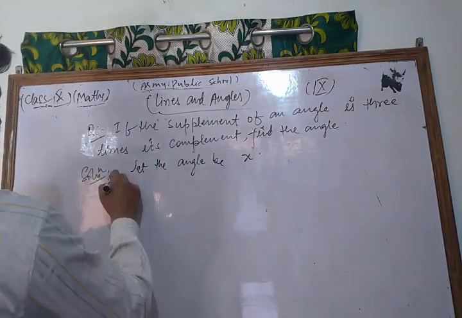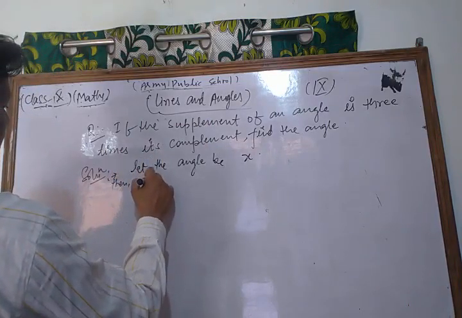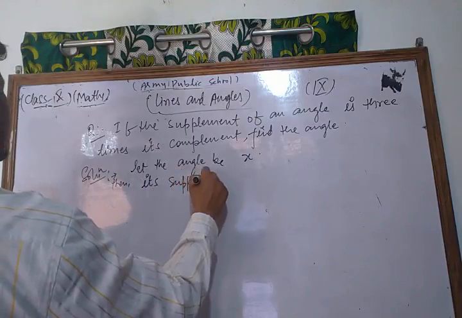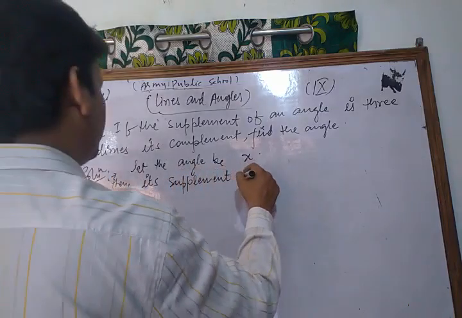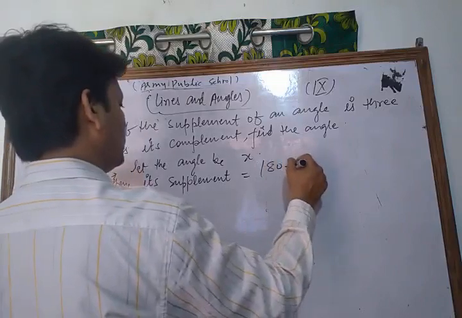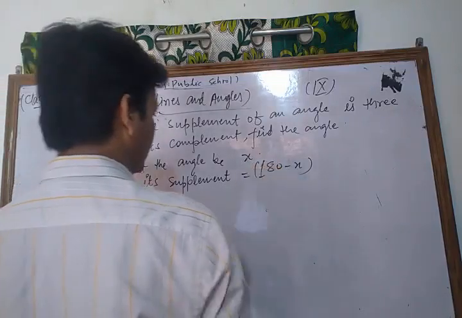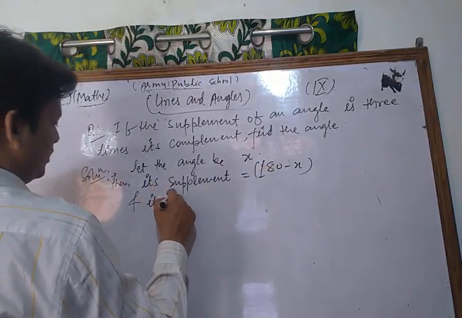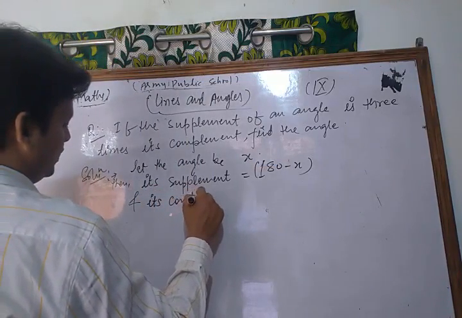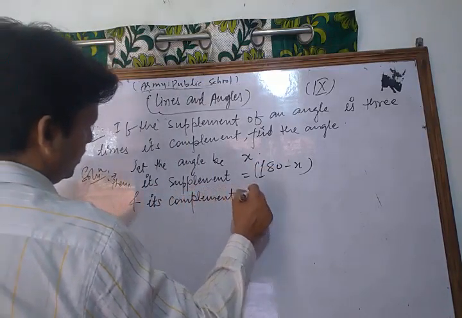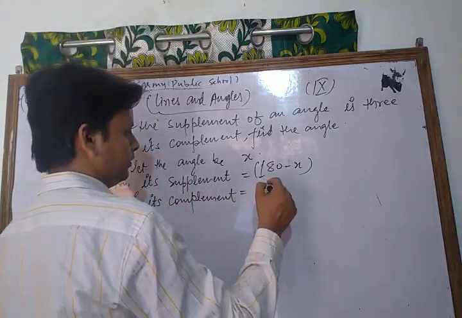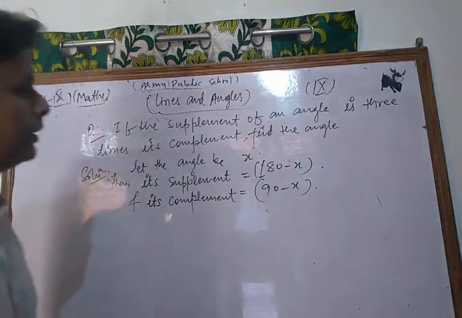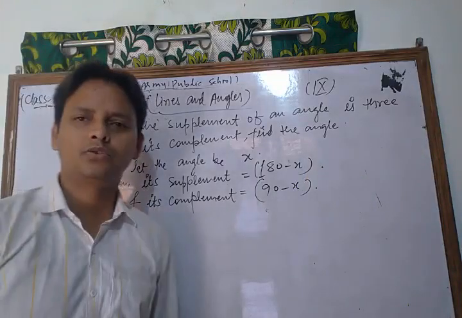Then its supplement is 180 minus x, and its complement is 90 minus x. This is the supplement of x, and this is the complement of x.